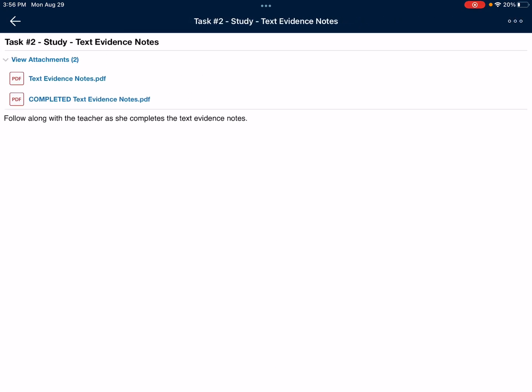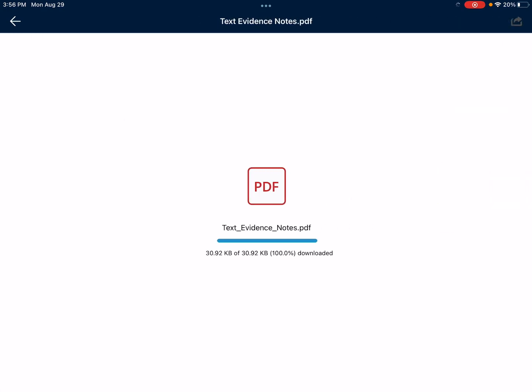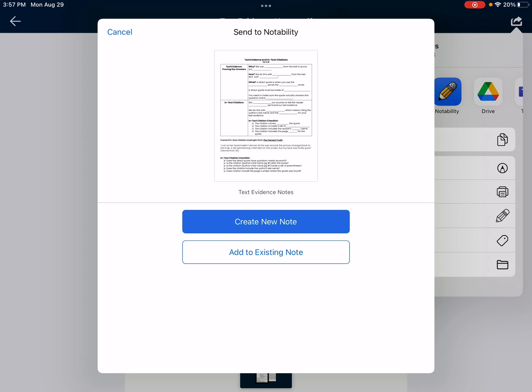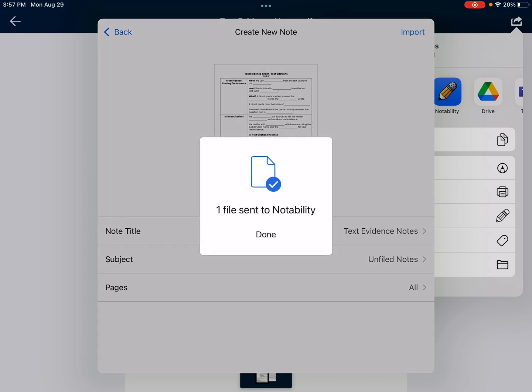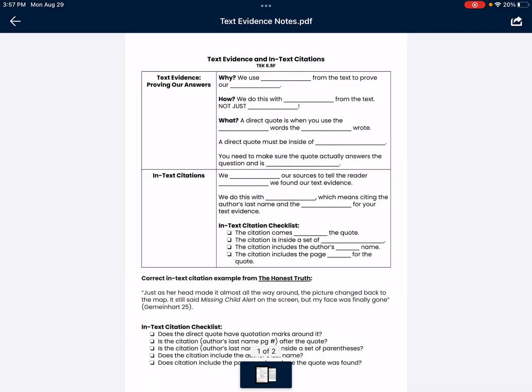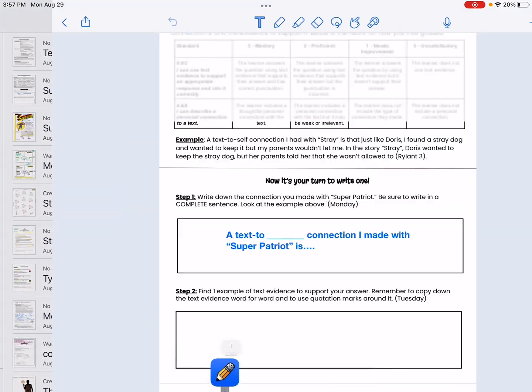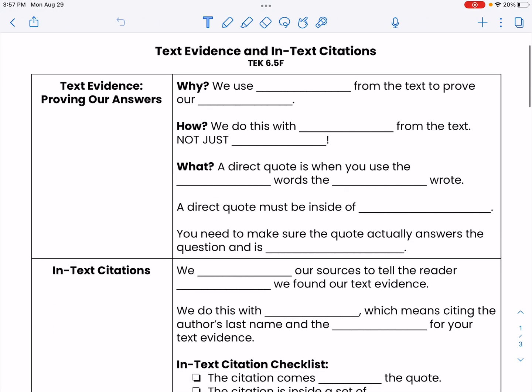I'm just going to fill these out for you on my iPad on Notability. So just follow along. Make sure you have a pen or pencil to write with in these blanks.